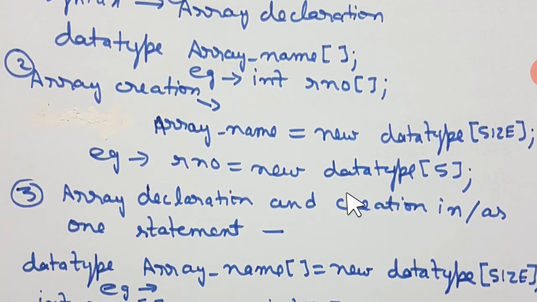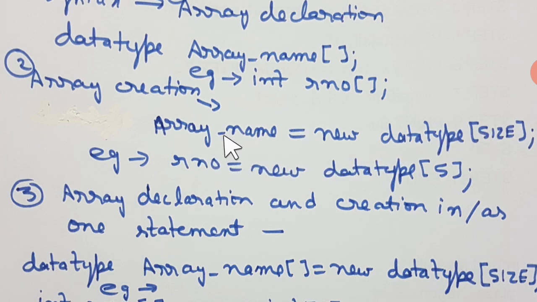Students, after that we have array creation: we have array name, assignment operator, new, data type, size. So here you can see, after declaring the array, now I'm going to create the array. Initialization will be done later. So here array name equal to new data type.